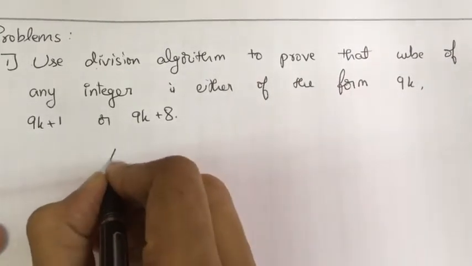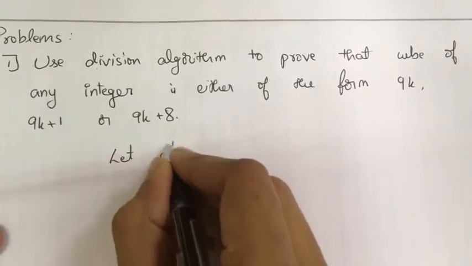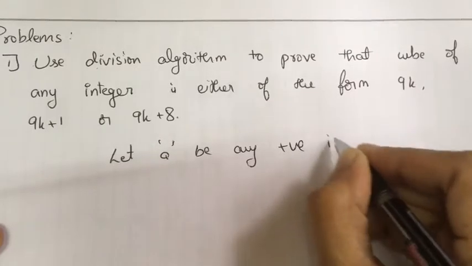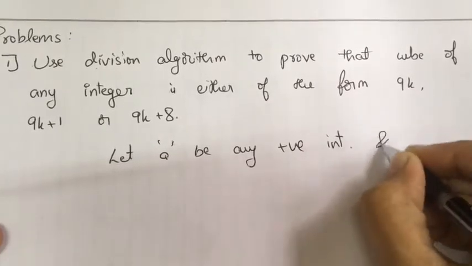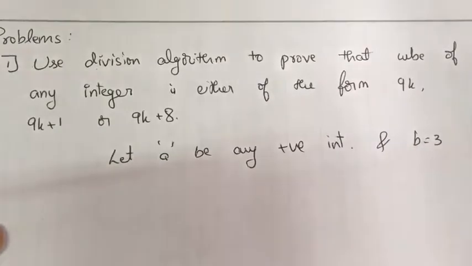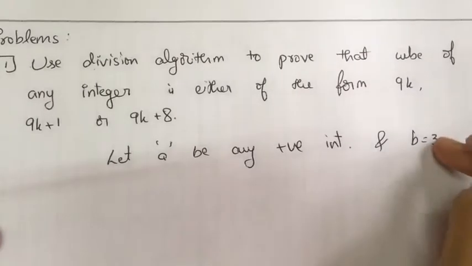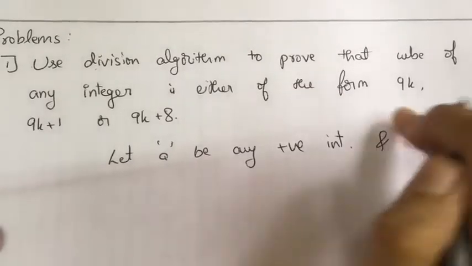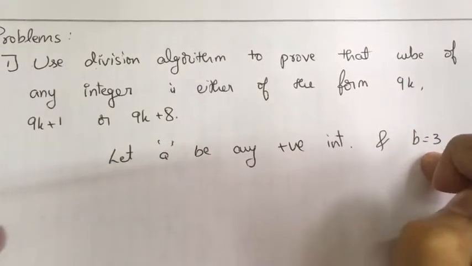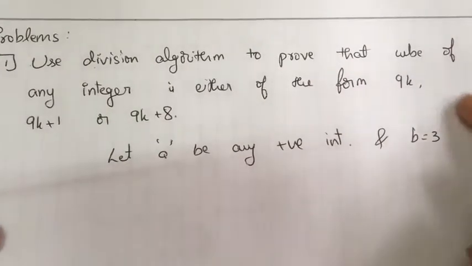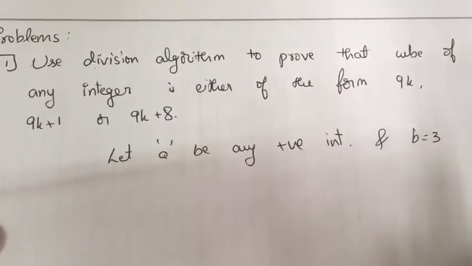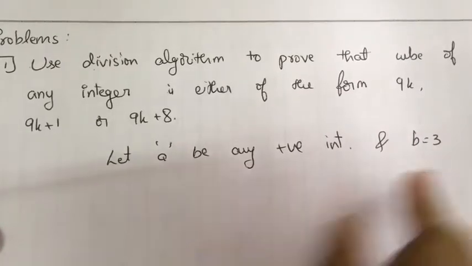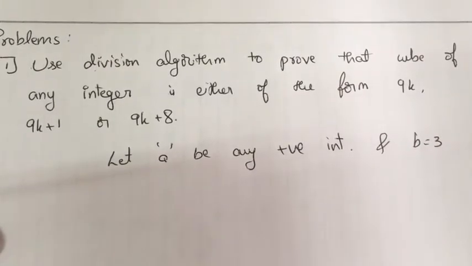Let a be any positive integer, and I'll take b equal to 3. b is greater than 0, you can take any values, but in this case you have to take b equal to 3. I'll tell you later why you cannot take any other value for b. First I'll take b equal to 3 and show you, then I'll come back to explain why.